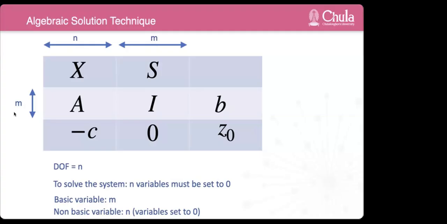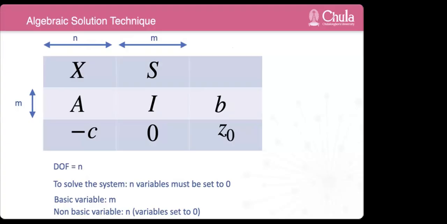And we have m relations, m equalities, equations. So the degree of freedom is n plus m minus m, so the degree of freedom is n.